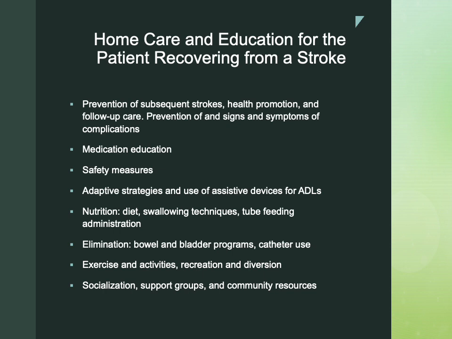So again, we're going to pull in that speech therapy, and they may need tube feeds if they're not safe to swallow, if that's the choice that they've made, and they've had some of those interventions for unsafe swallow. Elimination, we're going to look at bowel and bladder programs, catheter use as appropriate, exercise and activities for recreation and diversion. And then, of course, socialization, because there can be some isolation. So those are community resources for the patient and for their families.